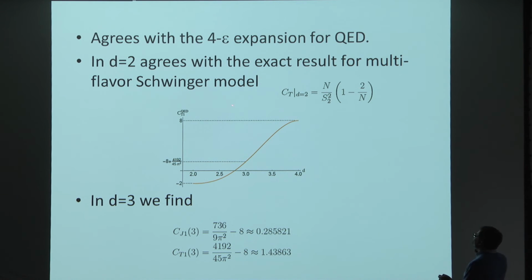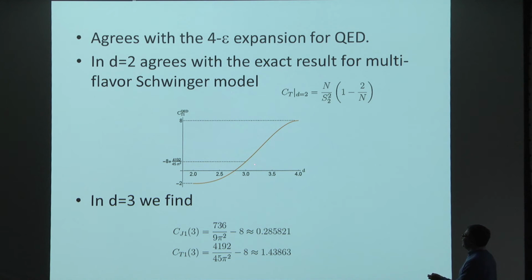So this I already said. And another test is when you go to the D equals 2 case, then we know the exact solution. It's just a multi-flavor Schwinger model. And for this we know the exact central charge, so we know the size of this 2 over n correction. And now our technique allows us to plot it as a function of D. And you see that the smallness of the correction in D equals 3 is because it actually crosses from something pretty large and positive to something negative.